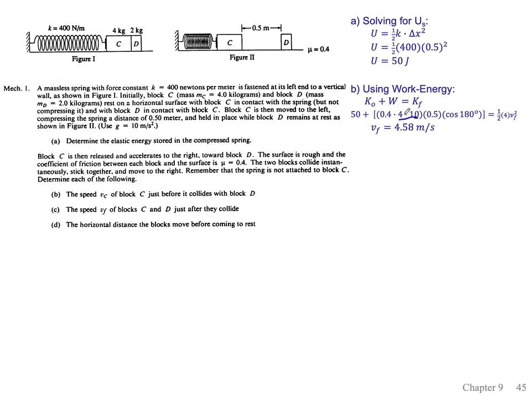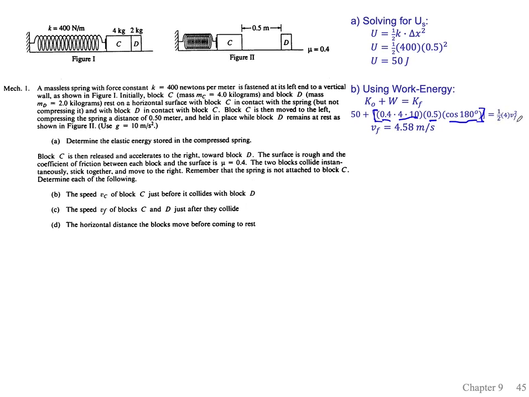Remember, gravity is 10 in this case, times the coefficient of friction gives us the force of friction, times the distance it moves, times the cosine of the angle between the force and displacement. This whole term gives us the work done. And the final energy is just going to be the kinetic energy of just that 4 kilogram block.